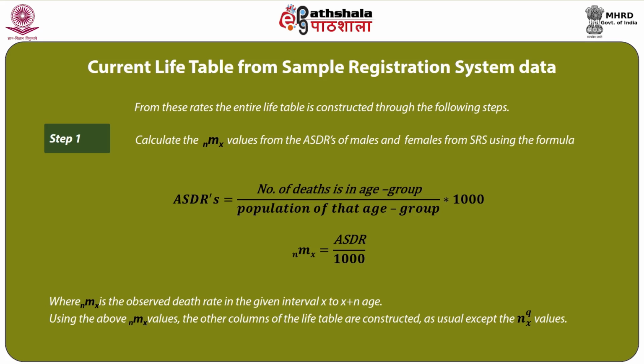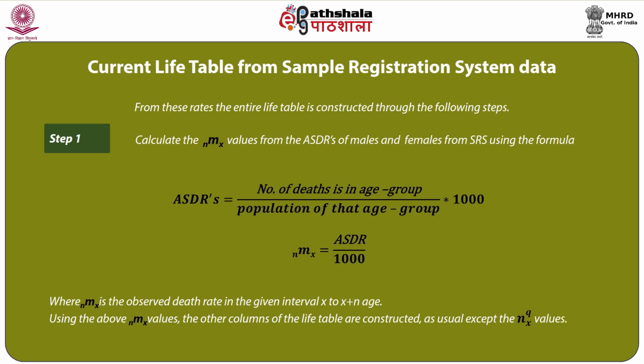Step 1. Calculate the NMX values from the age specific death rates of males and females from sample registration system using the formula: ASDR, that is number of deaths in an age group divided by population of that age group multiplied by 1000.